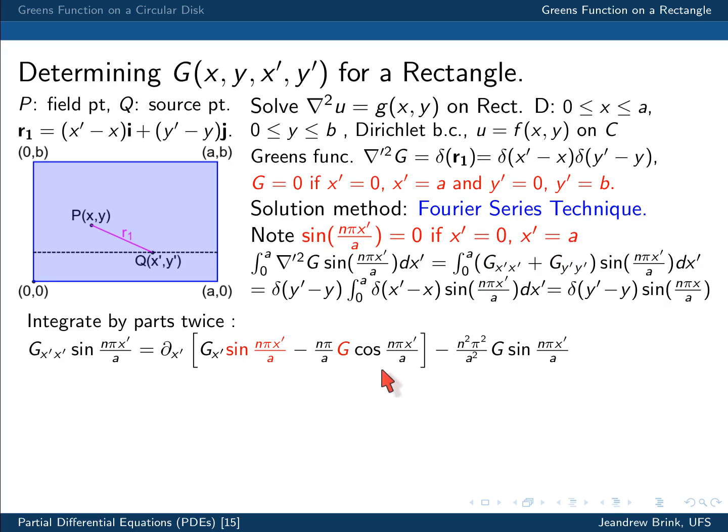And when you do that, sine is 0 at both those points, and g, by construction, is also 0 at those 2 points. So this term vanishes, and what you're left with is the integral of this thing over here. So n squared pi squared over a squared times g sine of n pi x prime over a.